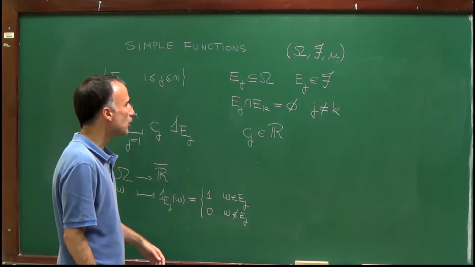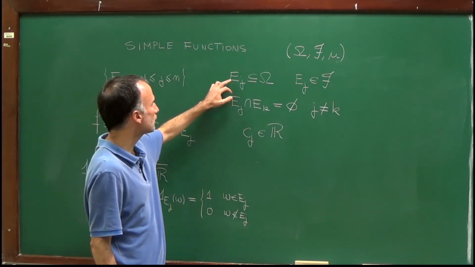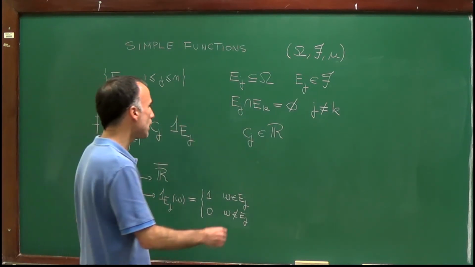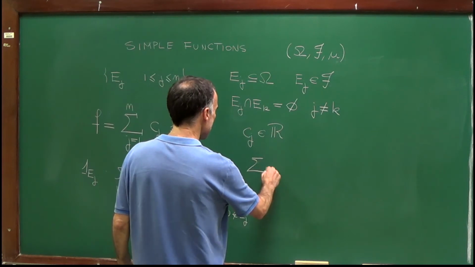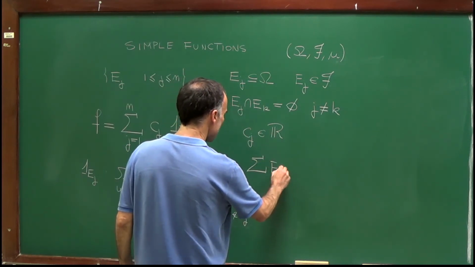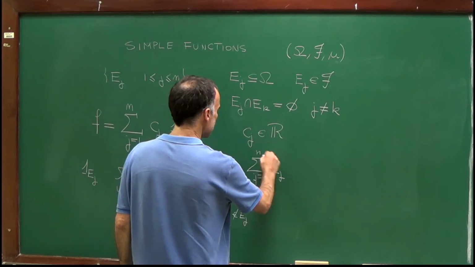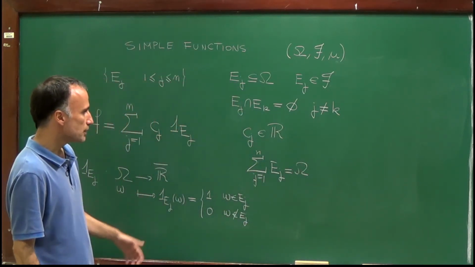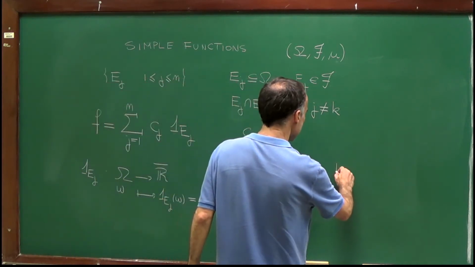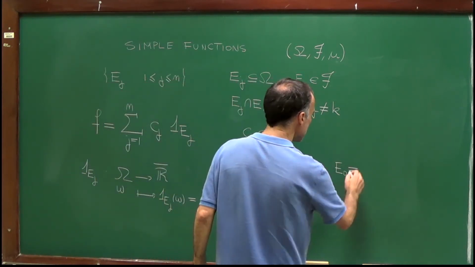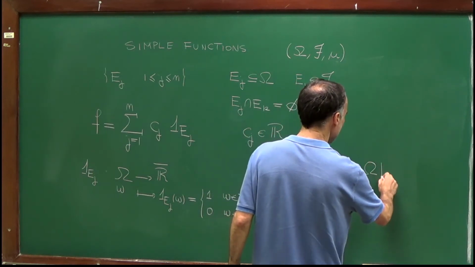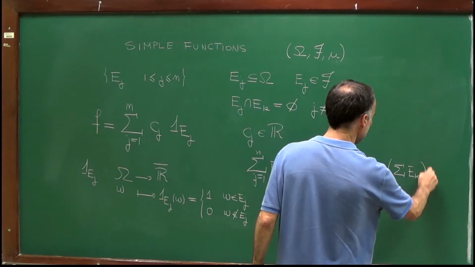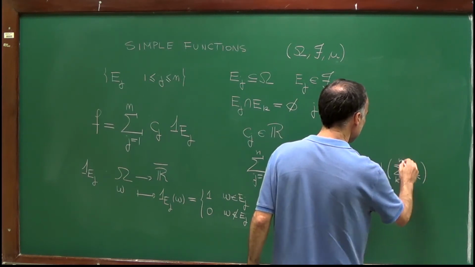Let me observe that I'm not requiring the E_j to form a partition, but I don't lose any generality requiring that the union of E_j is equal to omega, because if this is not the case, I can always introduce a set E_0, which would be omega minus the union of E_k, k from 1 to n.